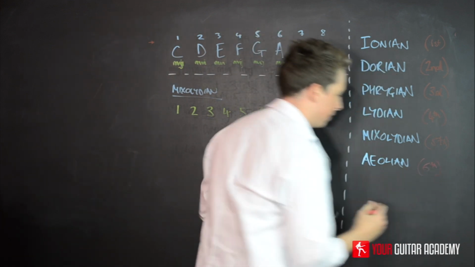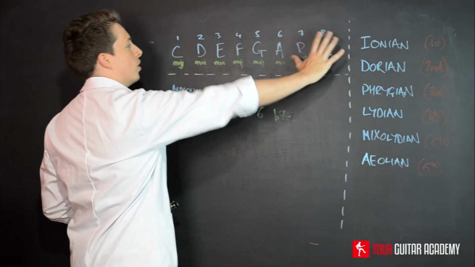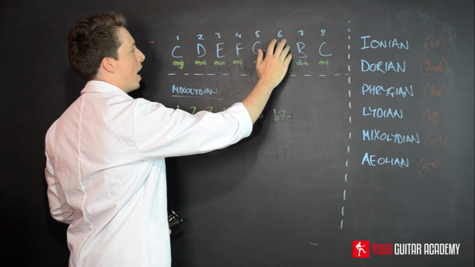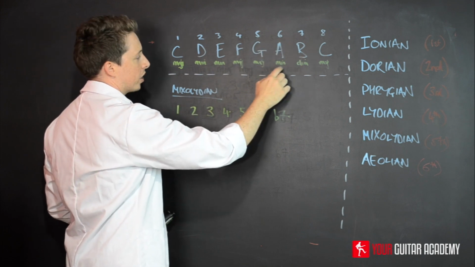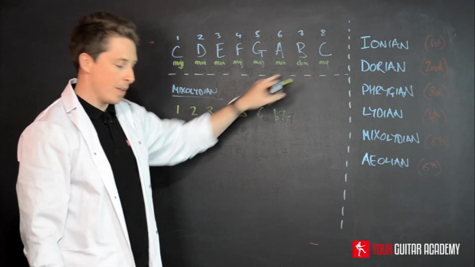6th degree. Okay, so let's just pull this back over to our original C major scale. The 6th degree, so this box here, is Aeolian, okay? So in this case, that's an Aeolian scale, and the Aeolian scale is minor, okay?